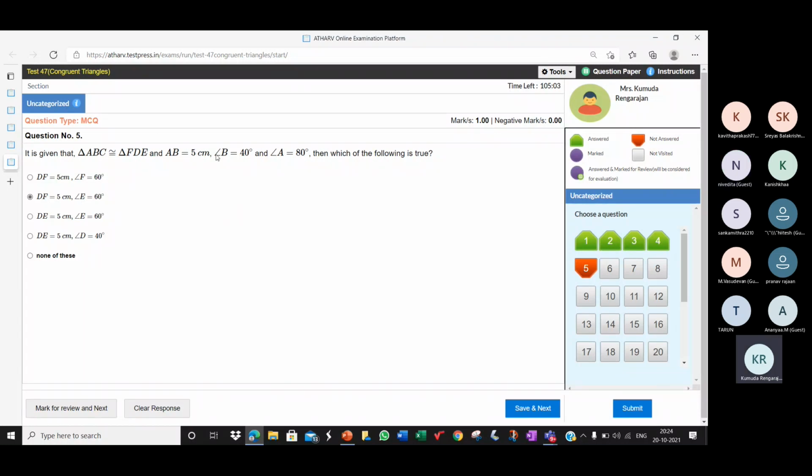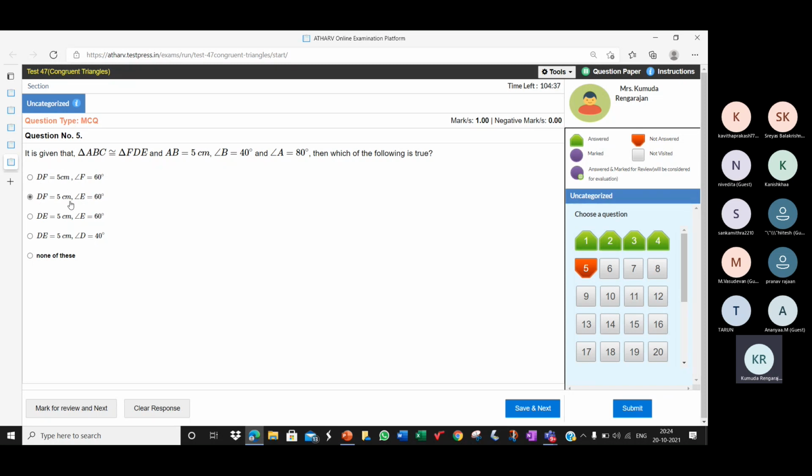If AB is 5 centimeters, see here, these two triangles are congruent. You can see the symbol used here. So AB corresponds to FD. If AB is 5 centimeters, then FD will be 5. So these two options cannot be correct. One of these two only is correct.